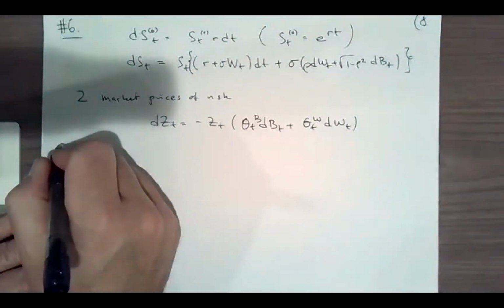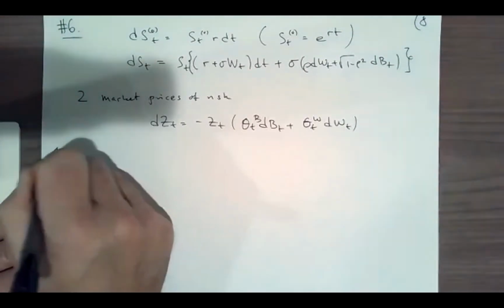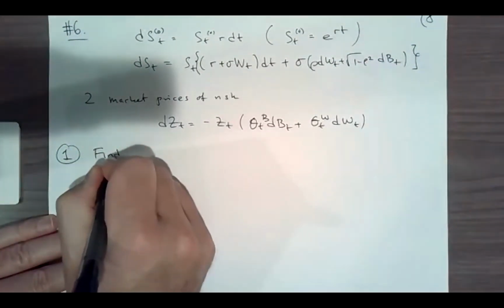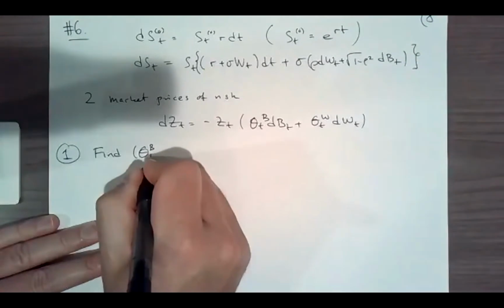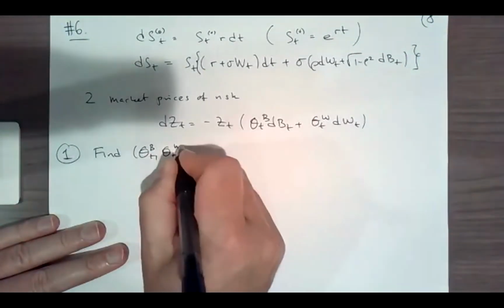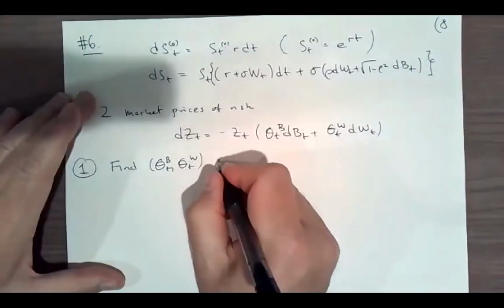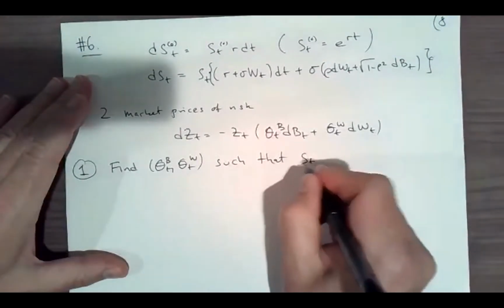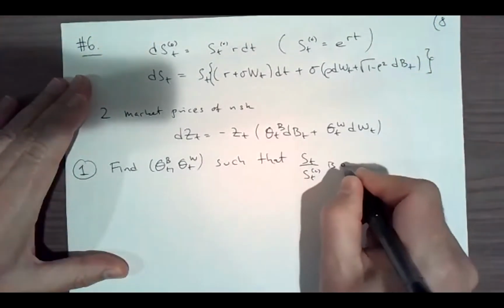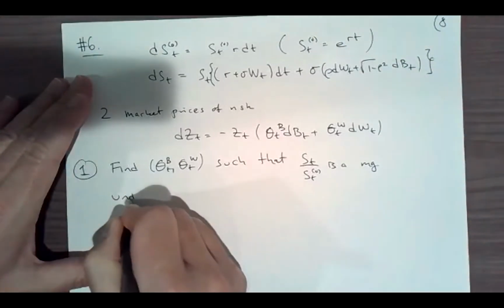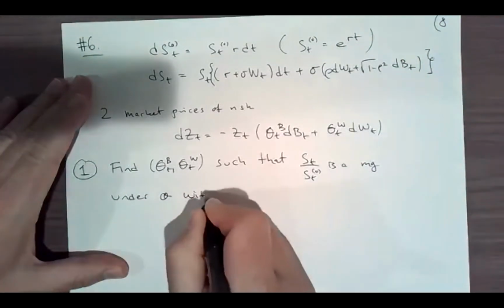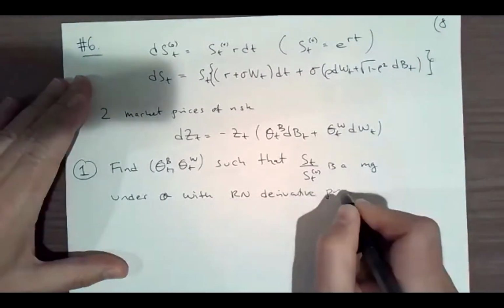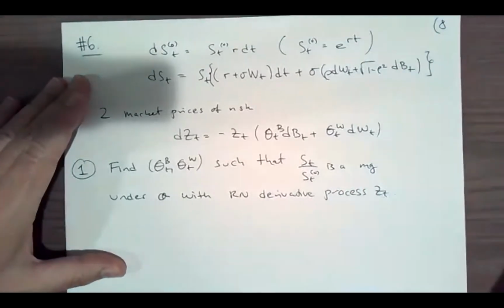Well, then the thing you want to look for is your pair theta_B and theta_W. Find this such that S divided by the bank is a martingale under Q with Radon-Nikodym derivative process C_t.